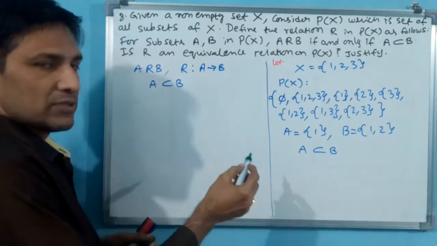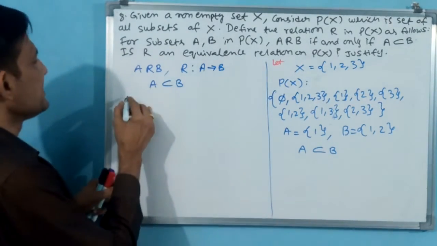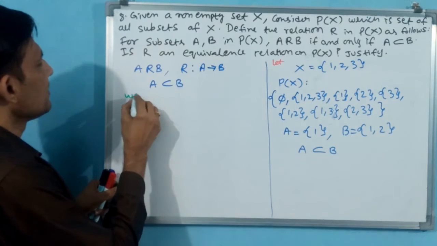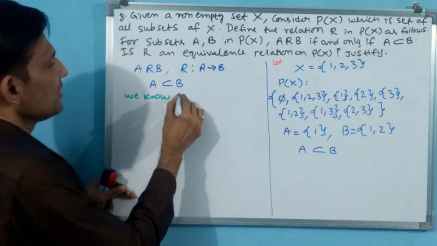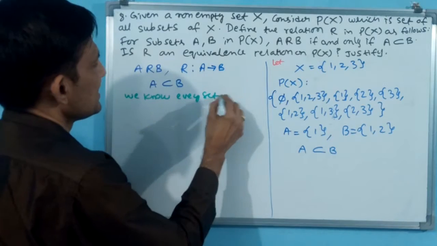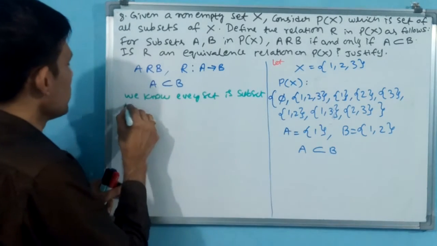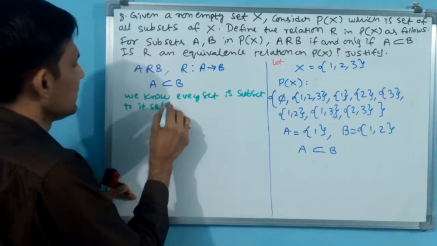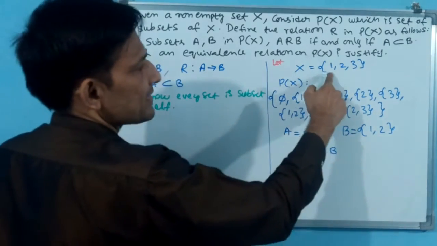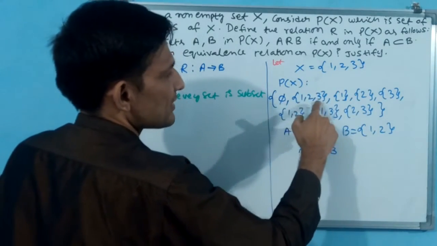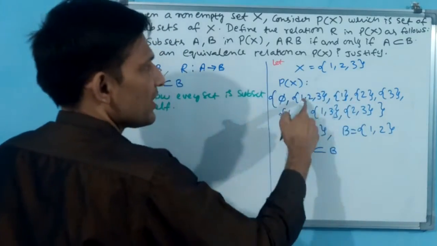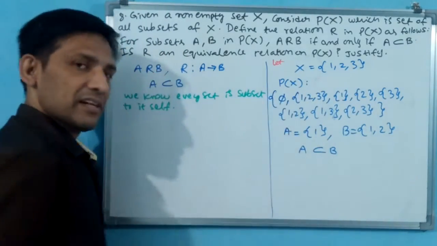What I want to say, we know that every set is a subset of itself. Here, set X is {1, 2, 3}, but here also {1, 2, 3} has come. That means in all subsets, the full set will also come.